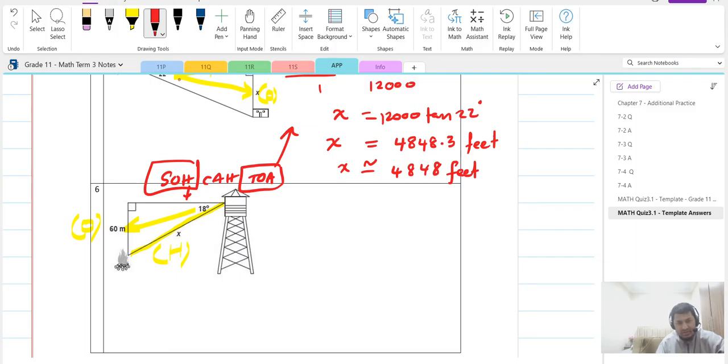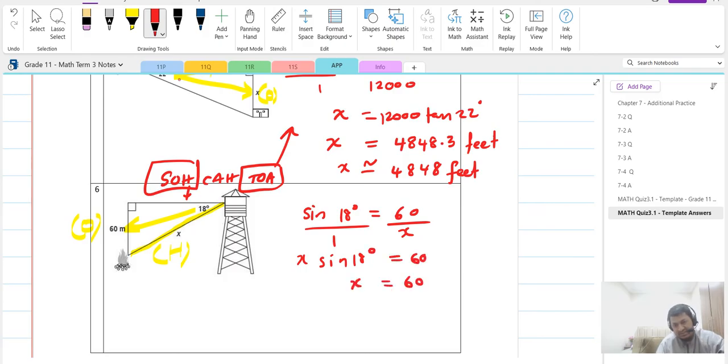Opposite and hypotenuse. So we'll say sine 18 is equal to opposite, which is 60, over the hypotenuse, which is x. If you cross multiply, you will get x sine 18 is equal to 60. So x is equal to 60 over sine 18 degrees.